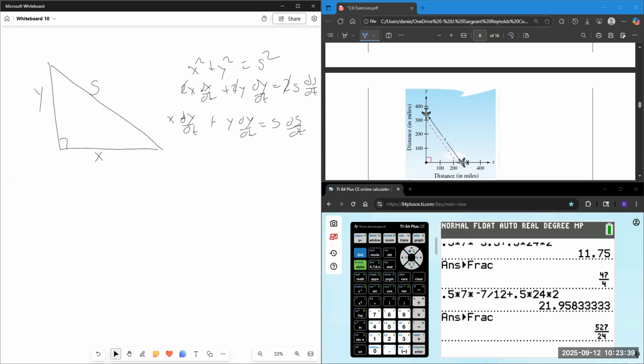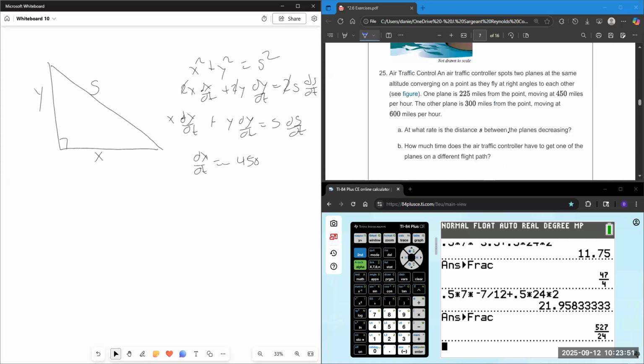So we're told that dx/dt is a negative 450 miles per hour. Let me let you see that in the problem. 450 miles per hour for that plane, and the x there is originally 225 miles, and the original y here is 300 miles.